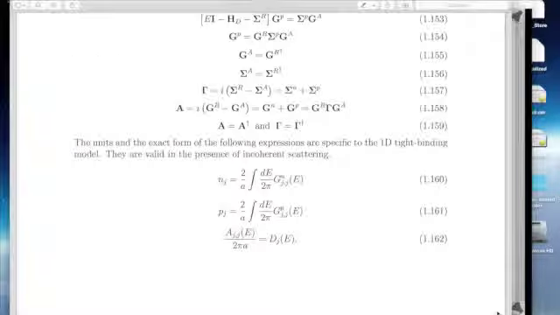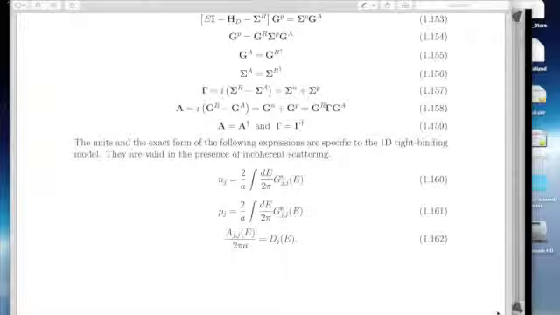The next, so the relationship, we always get the charge density by integrating G^n over energy. The only thing that's specific about these is that they were written for our 1D model. If you were in a higher dimension, then you'd be dividing by a volume instead of a length. You would be taking a trace.